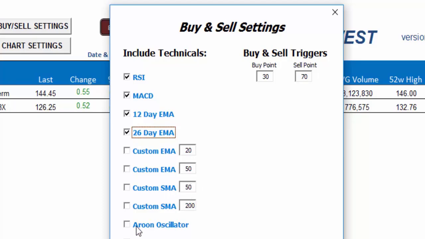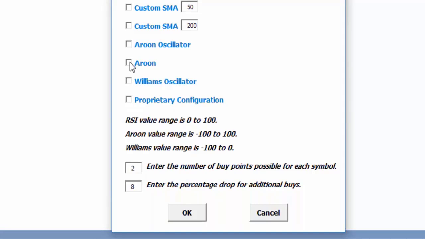You can create a Williams oscillator, or use the proprietary configuration. If you are not familiar with how these technical indicators work, always select proprietary configuration. The software will pick the best proprietary configuration, I can't say how it's done, based upon the history and experience of these two funds, with these settings optimized for your best buy and sell points.